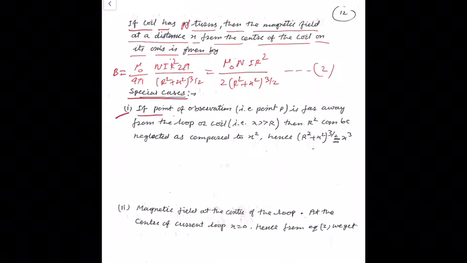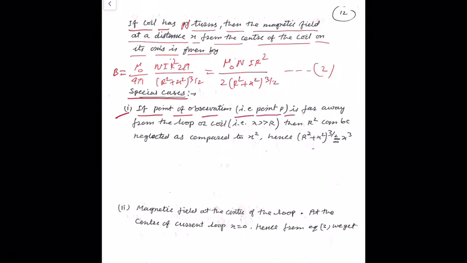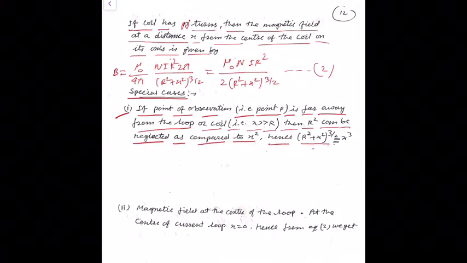Special cases. First, if the point of observation, that is point P, is far away from the loop or coil, that is x is much greater than capital R, then R square can be neglected as compared to x square. Hence, (R square plus x square) power 3 by 2 is equal to x cube.